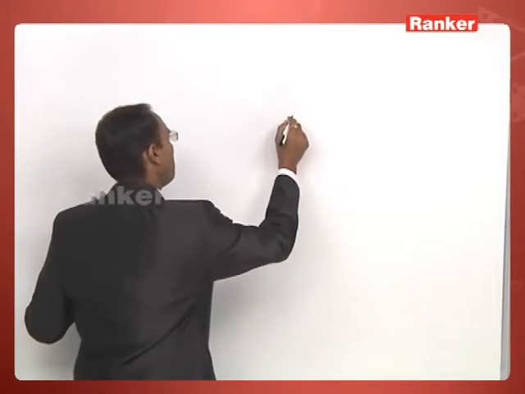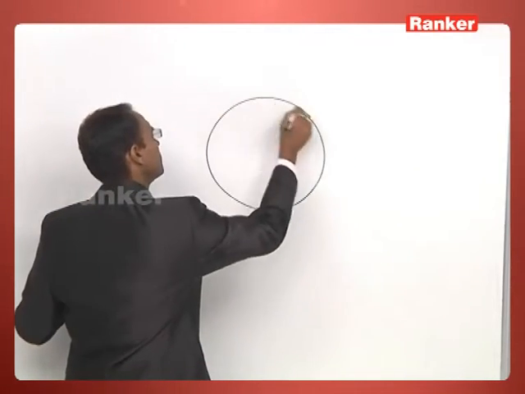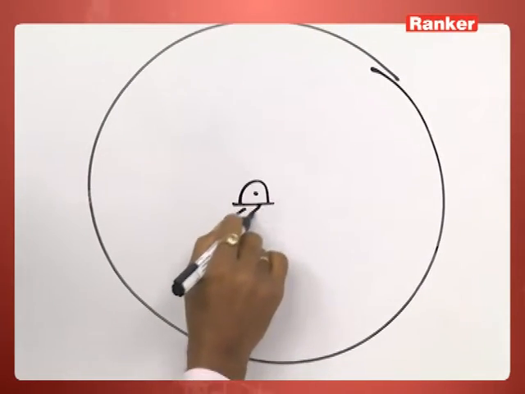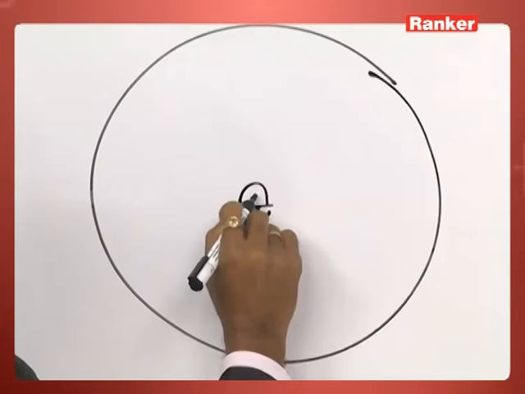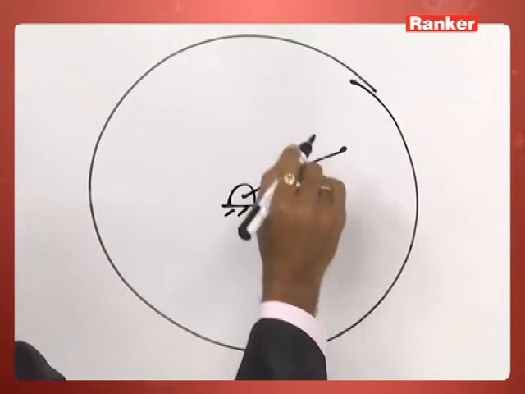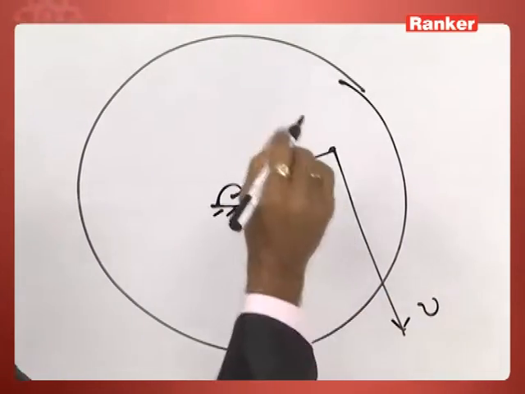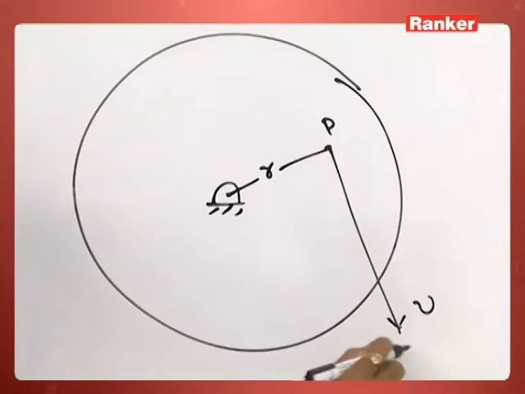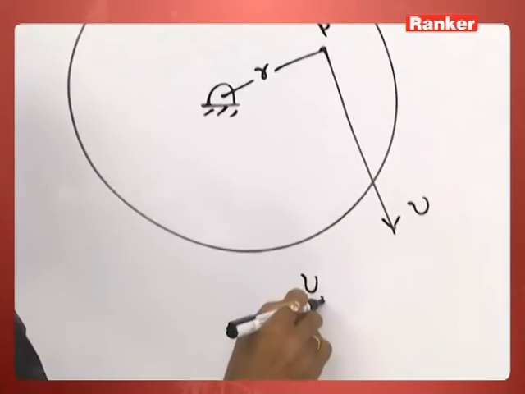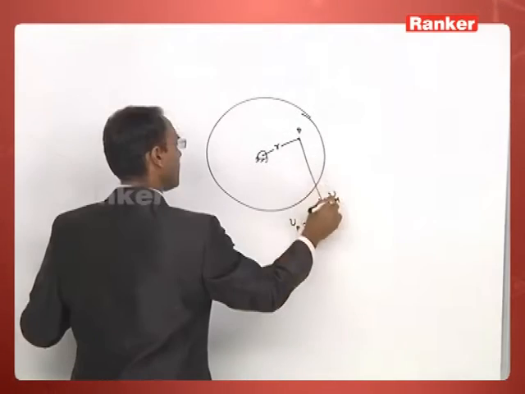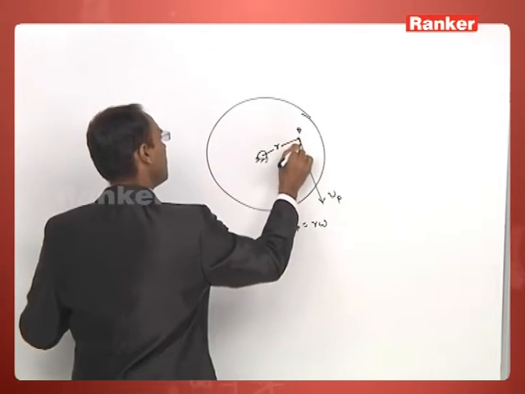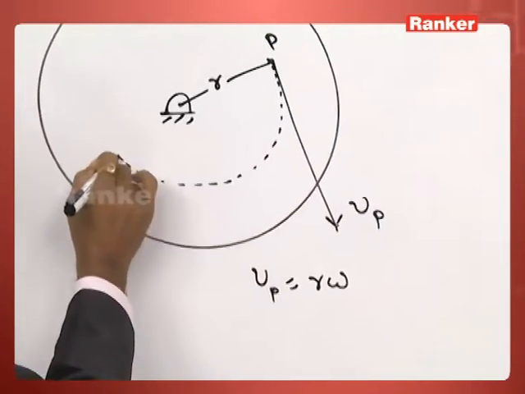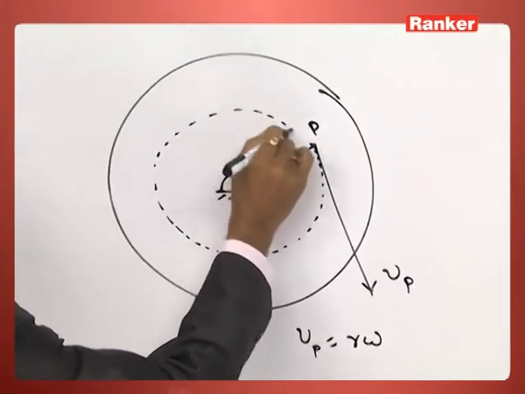So in fixed axis rotation, the linear velocity of any particle P can be given as r into omega, because this particle moves in a circular path.